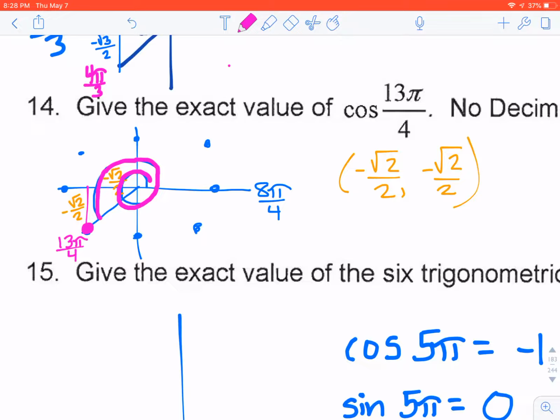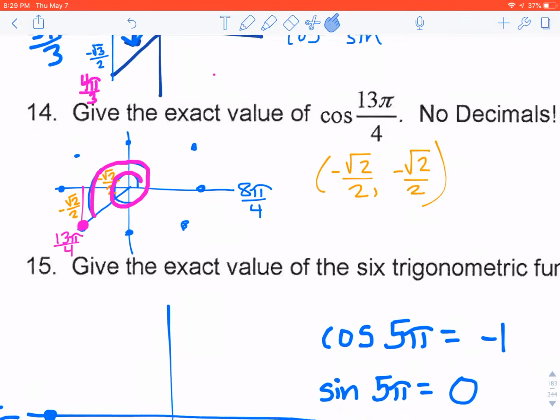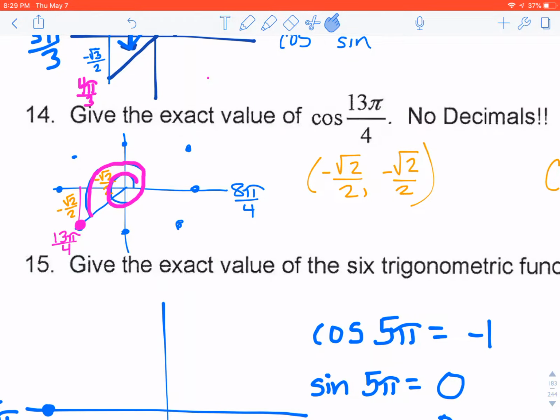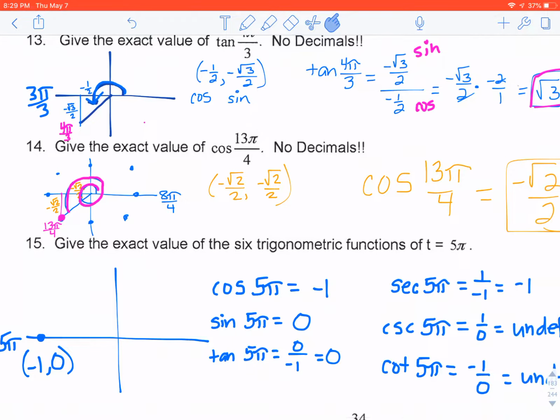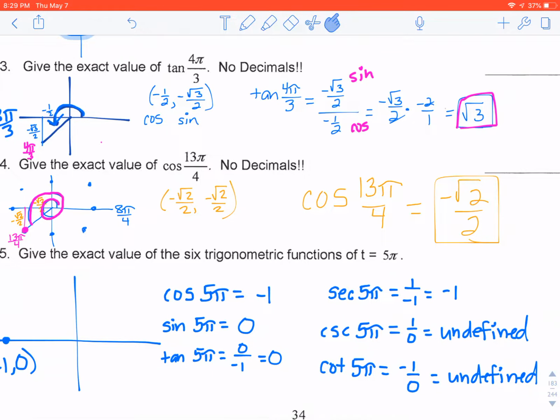All right. We know that our family of 4 for your unit circle is always square root 2 over 2, square root 2 over 2. Quadrant 3, so they're both negative. Okay, so negative square root 2 over 2, comma, negative square root 2 over 2. They are just asking for cosine of 13 pi over 4. So, of course, you're taking your first point. Okay, your answer is negative square root 2 over 2.